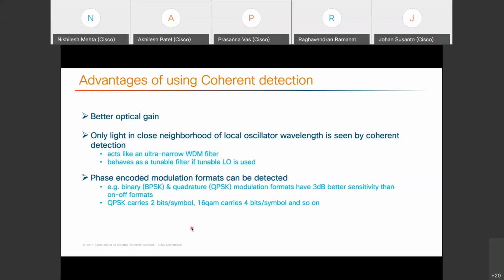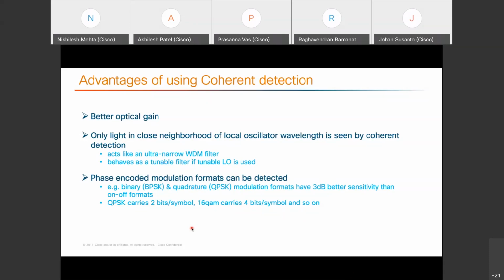If any other wavelength comes, the receiver doesn't detect it. The third thing is that phase-encoded modulation formats can be detected. You might have heard of going to higher modulation formats like BPSK, QPSK, QAM modulation. All these are possible because of coherent detection only. In our further slides, we'll talk more about these higher modulation formats.